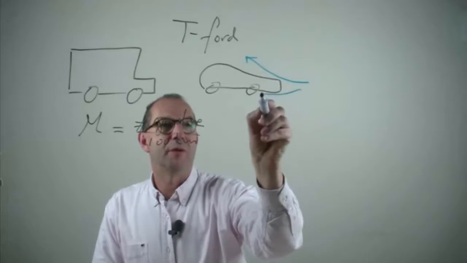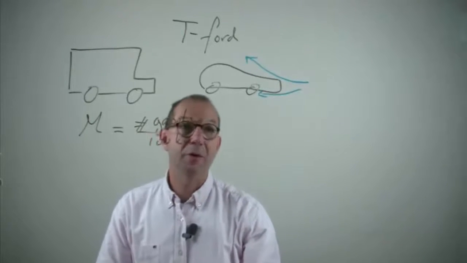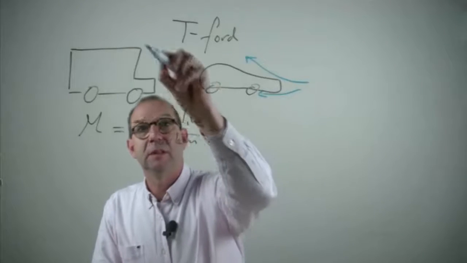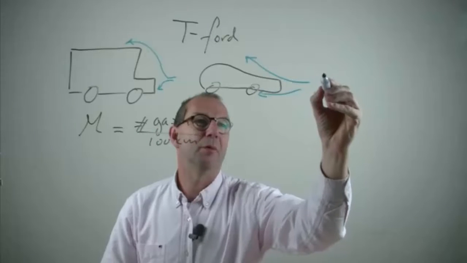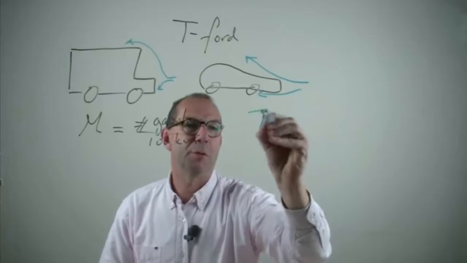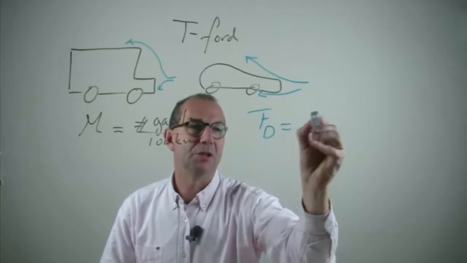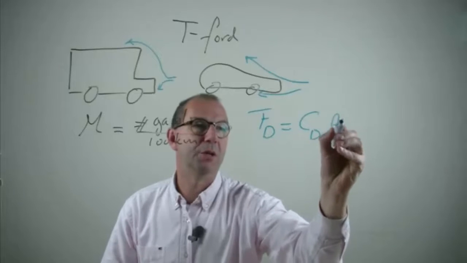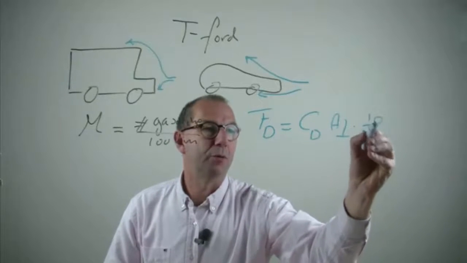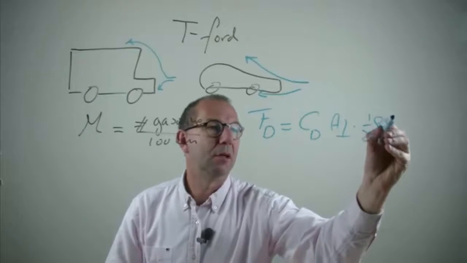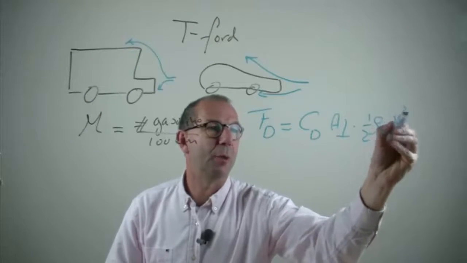As the car is driving, the air is flowing past the car, and thus the car will feel a drag force. We can model that drag force with the standard formulation: a drag coefficient, a perpendicular (frontal) area, times half rho times v of the car squared.